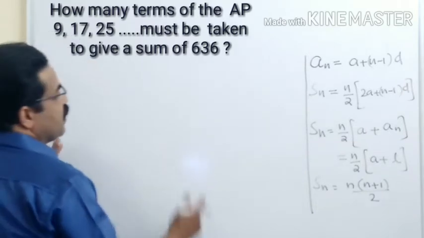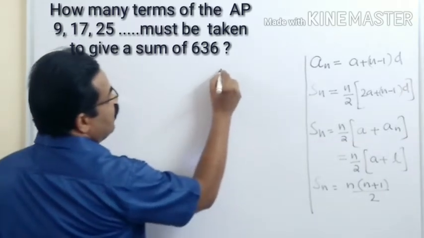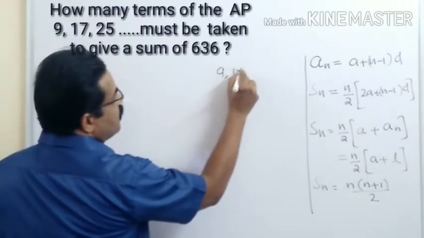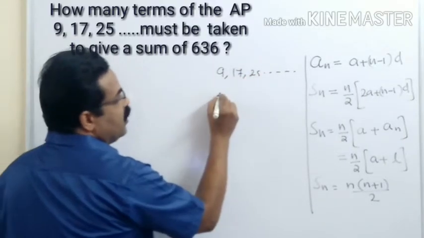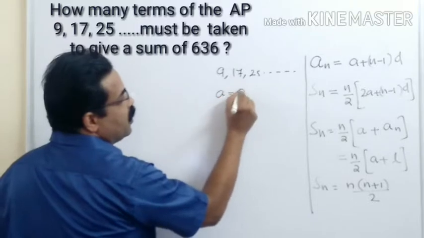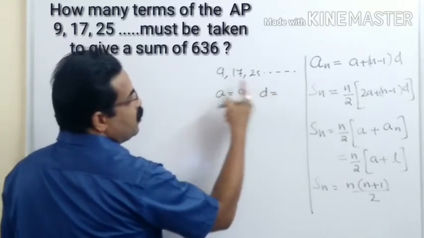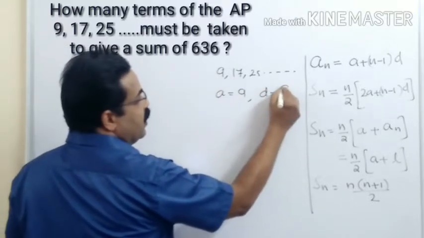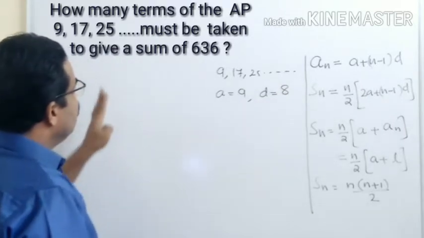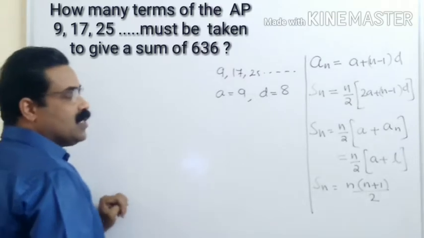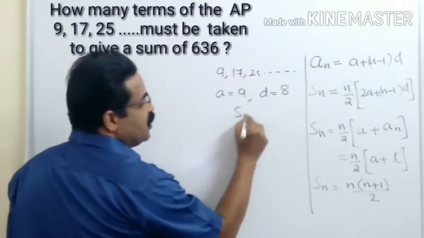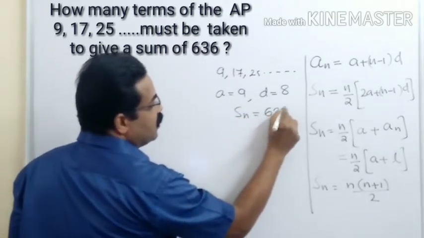From the question we can say the given AP is 9, 17, 25, and it goes like that. From here you can say a is equal to 9 and d is equal to 17 minus 9, which is 8. It is also given that we take n number of terms. What number of terms will give you a sum of 636? So Sn is given to you as 636.